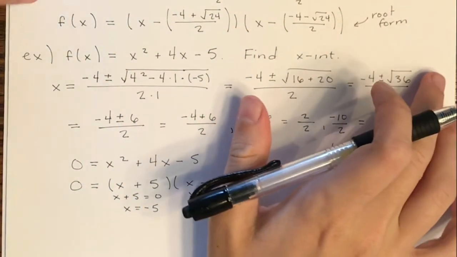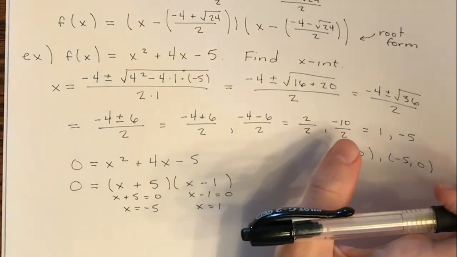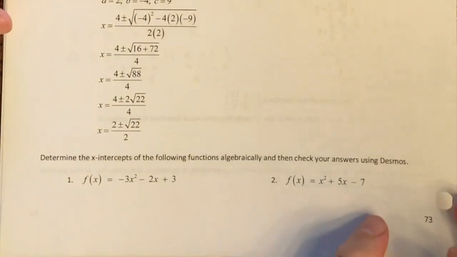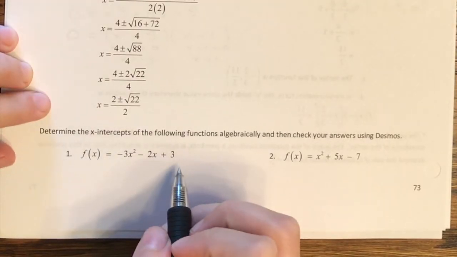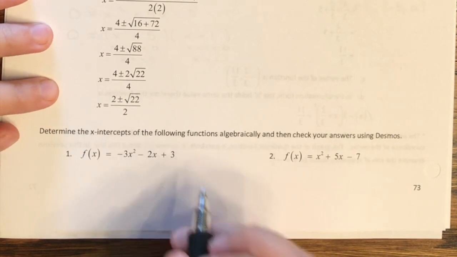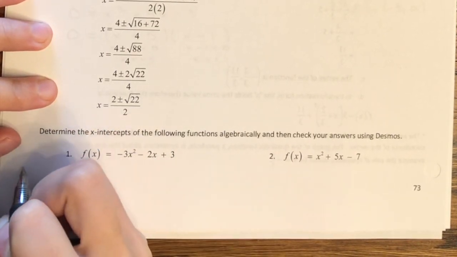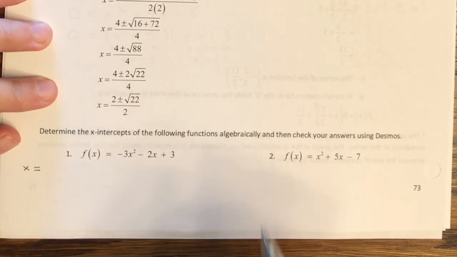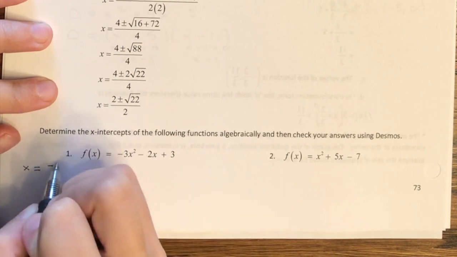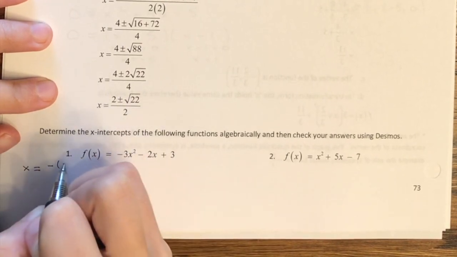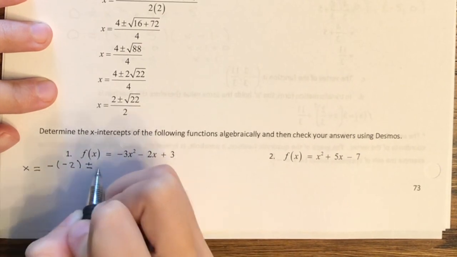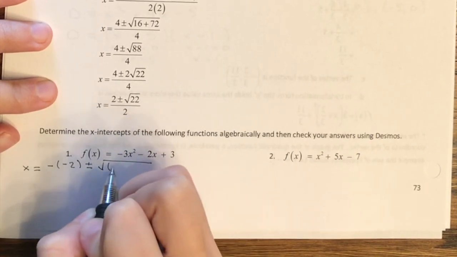All right, let's find the x-intercepts of a couple of functions in the lab manual. Let's say we're looking at number 1 here. So we want to plug into our formula. Our formula is negative b. So negative b is negative 2, plus or minus the square root of b.